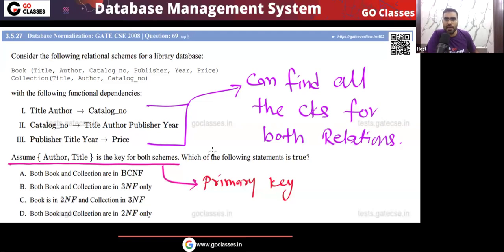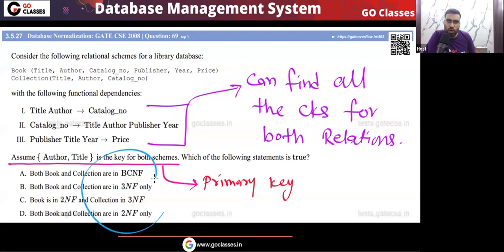Do you agree with me that if I give you the information that author comma title is the key for both schema, will you not find more candidate keys? Will you stop? Just understand what I'm asking. If I give you this information, then will you not find more candidate keys? The question is asking BCNF, 3NF.